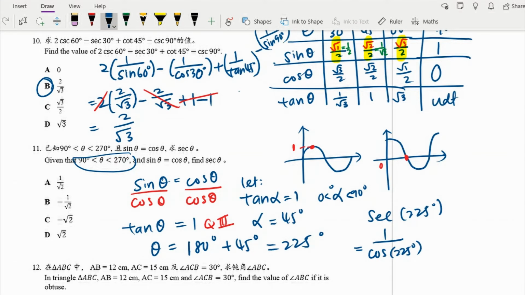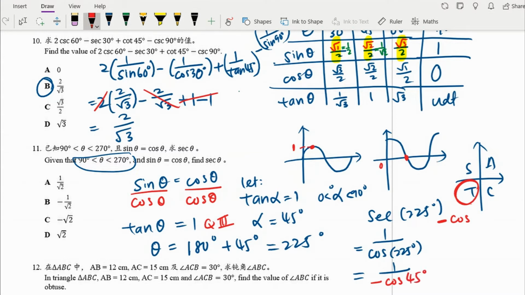In the third quadrant, your cos is negative. We already found out the reference angle of 225 is 45. So it is 1 over negative cos 45 degrees.